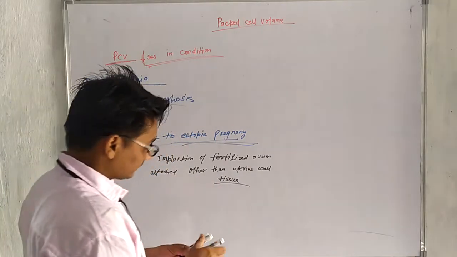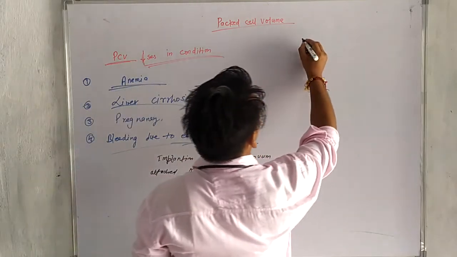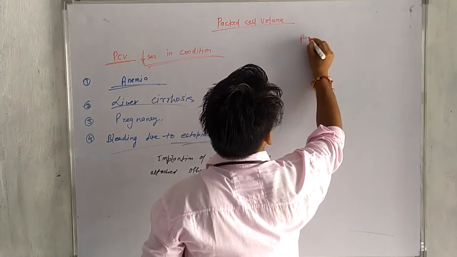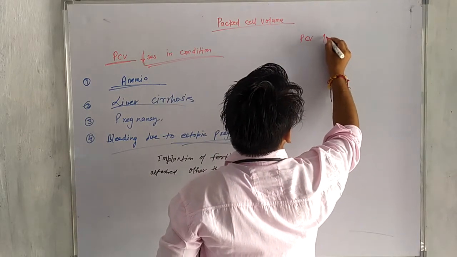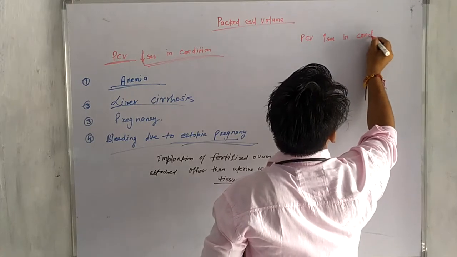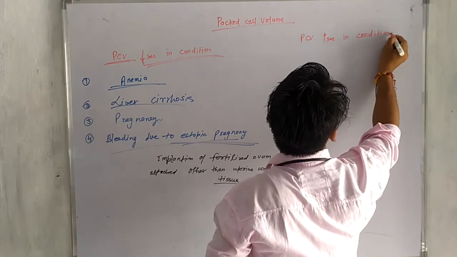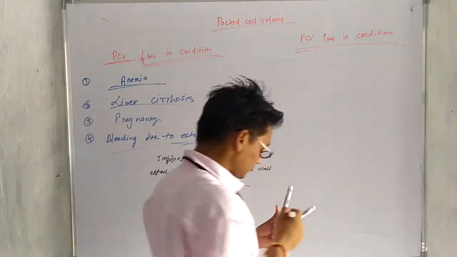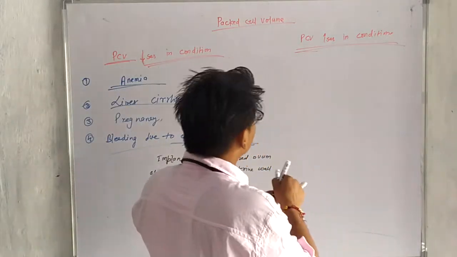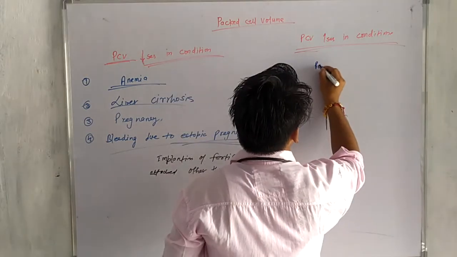And PCV increases in these conditions. First is polycythemia.